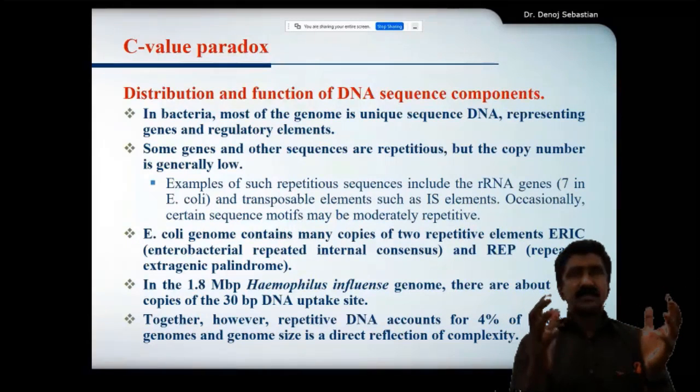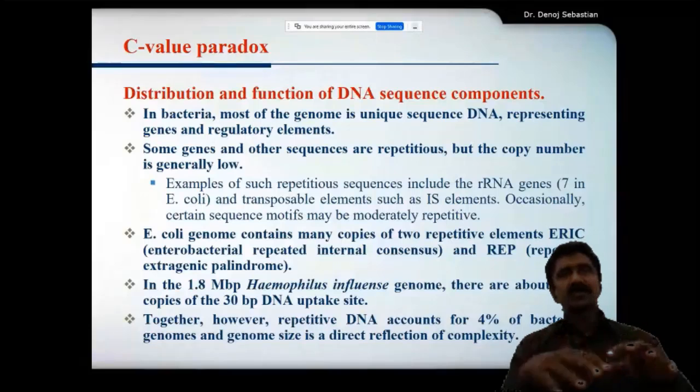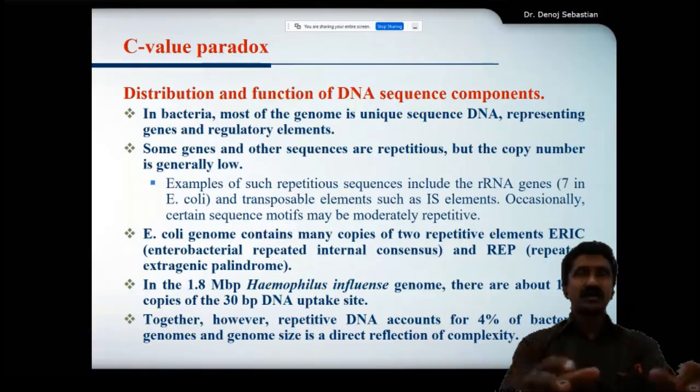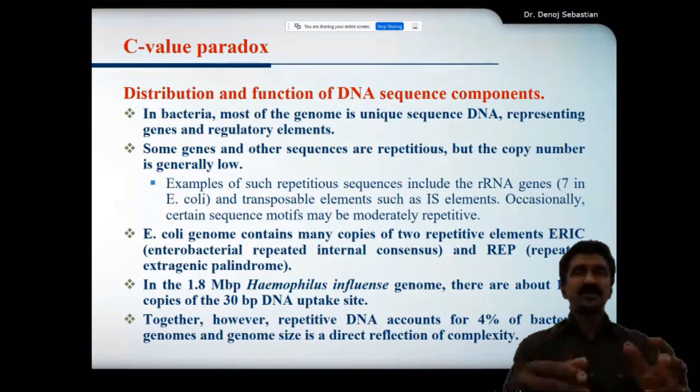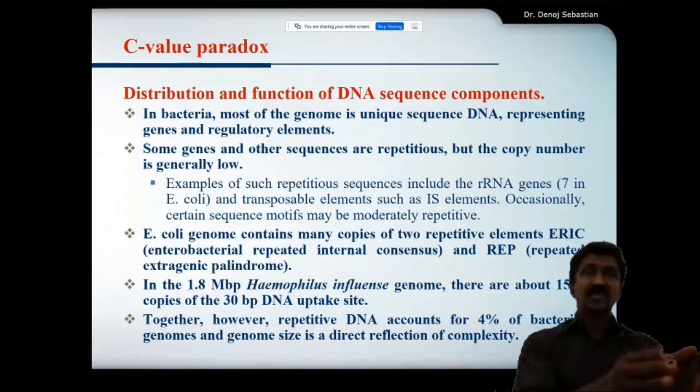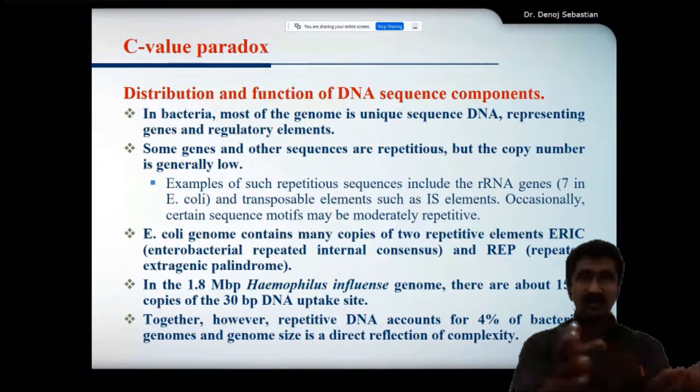Mostly the bacterial genome is very tightly packed, so most of the regions are useful, and we can't expect many unwanted regions. So in bacteria, most of the genome is unique sequence DNA representing genes and regulatory elements, not unwanted ones.